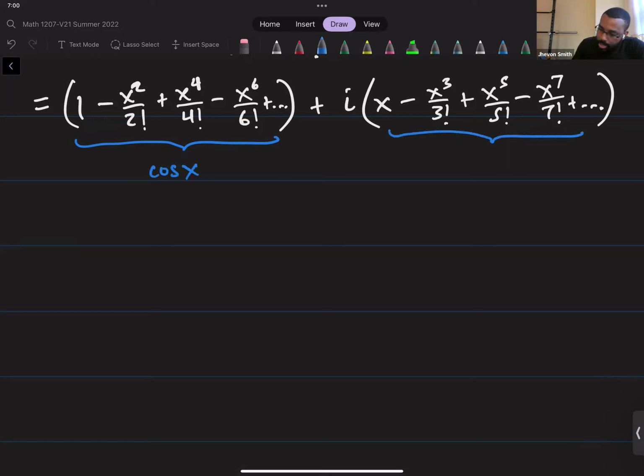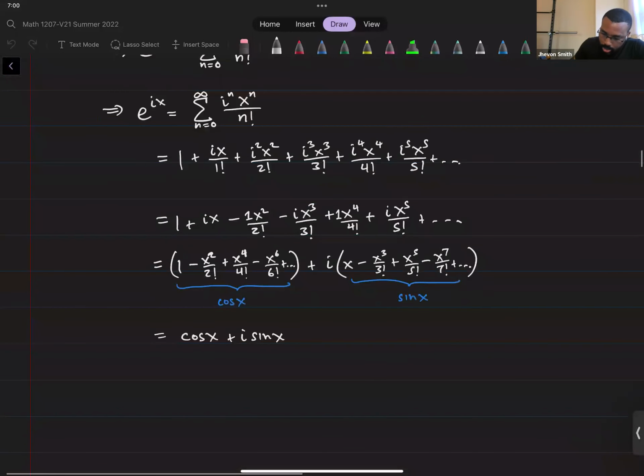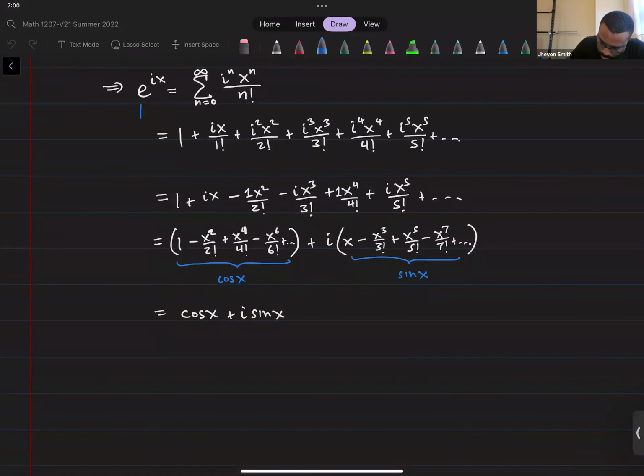Turns out that this is sine, right? The first one is x to the 2n over 2n factorial. The last one is x to the 2n plus 1 over 2n plus 1 factorial. So this is equal to cosine x plus i sine x. And that is what this is.